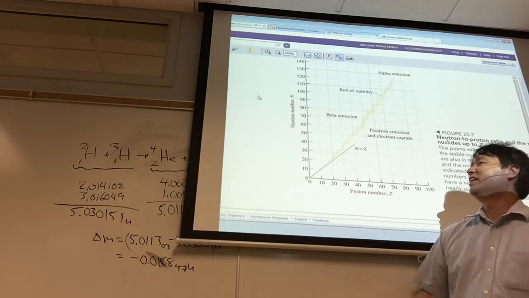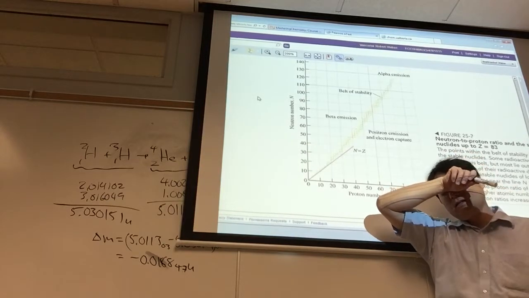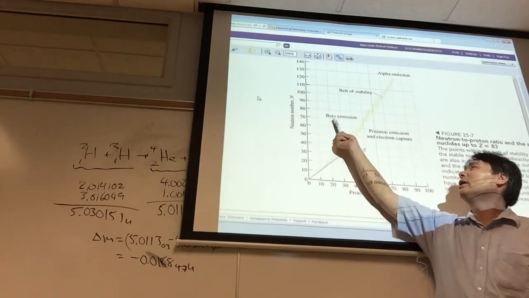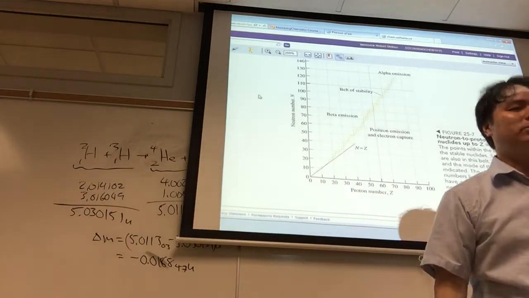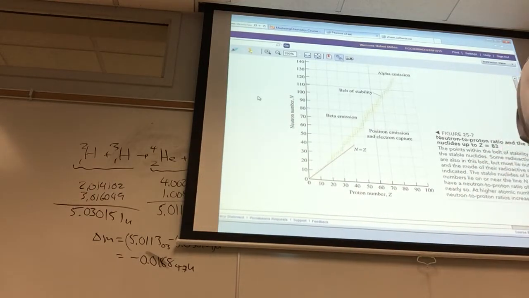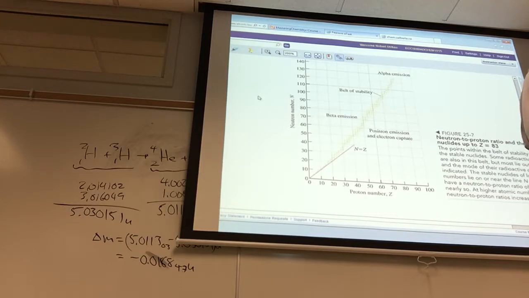Well, one method is by undergoing beta emission. What did I say beta particles were? Electrons generated in the nucleus. How do you generate an electron in the nucleus? You convert a neutron. If you take a neutron and spit out an electron, what do you end up with?